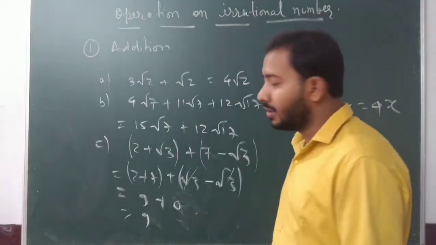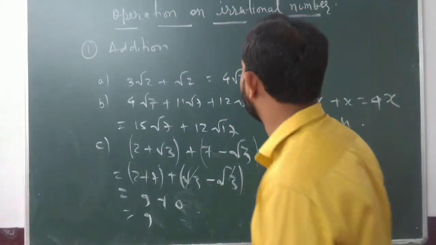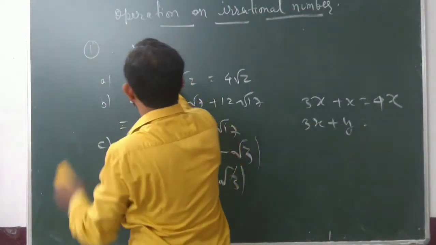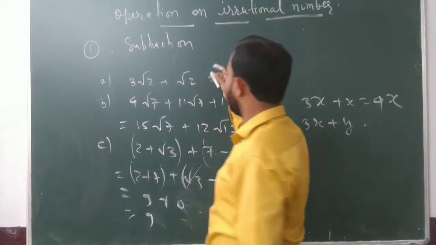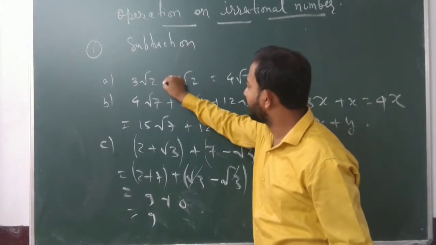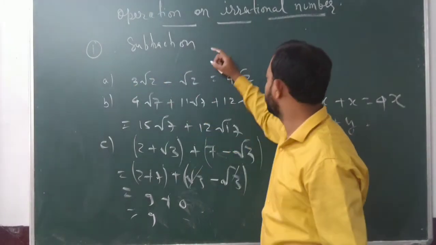Now we will proceed to subtraction. In subtraction, what are we going to see? The sign will change here. In subtraction, we will go for minus. That means 3 minus 1, that is 2.